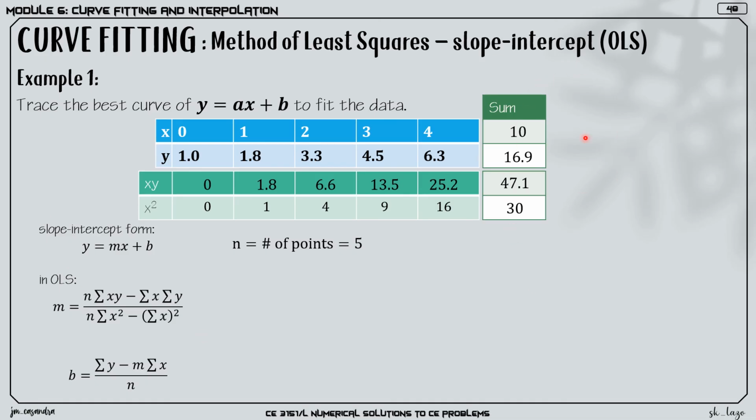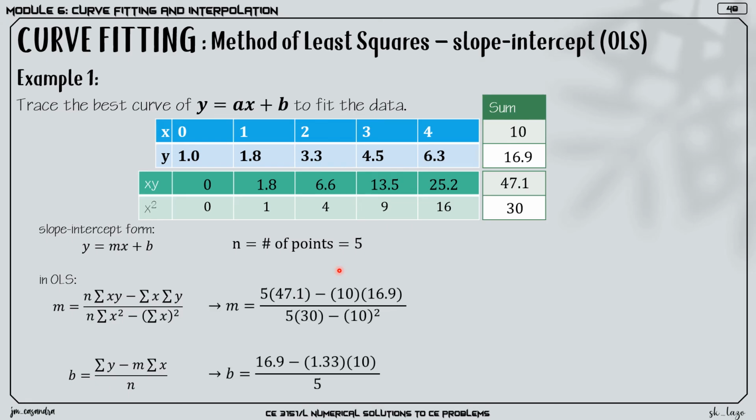Again, we have already solved this in the previous example. So from here, we now substitute the values of the sums and the value of n in the equations of the slope and y-intercept, wherein m now is equivalent to 1.33, and for b, substituting now the sum of y, sum of x, and the computed m, we now arrive at b equal to 0.72.